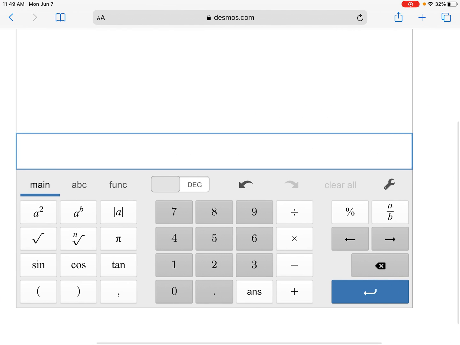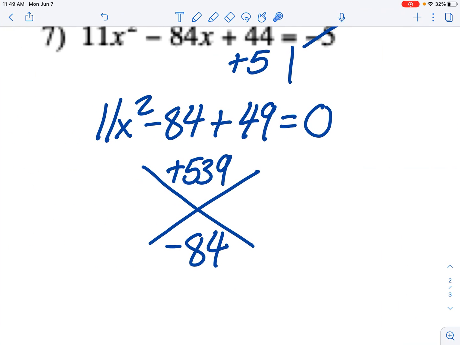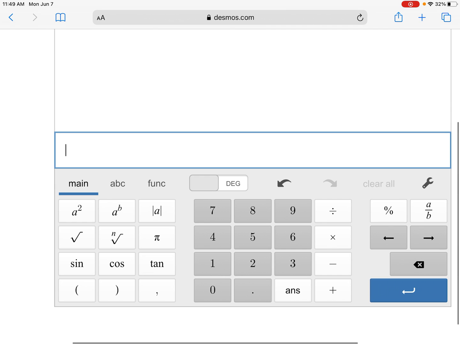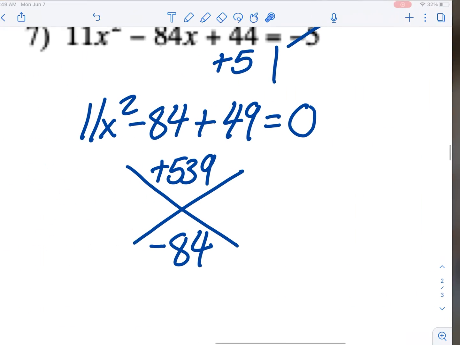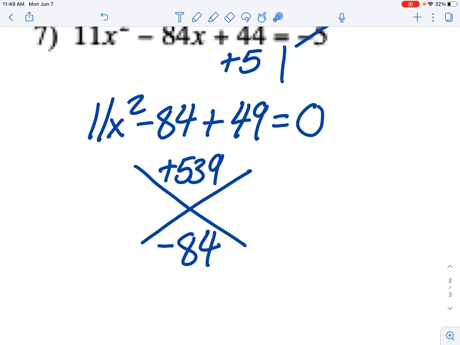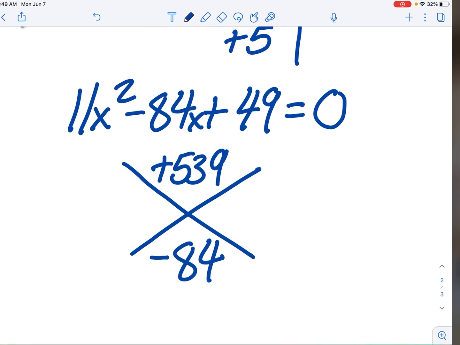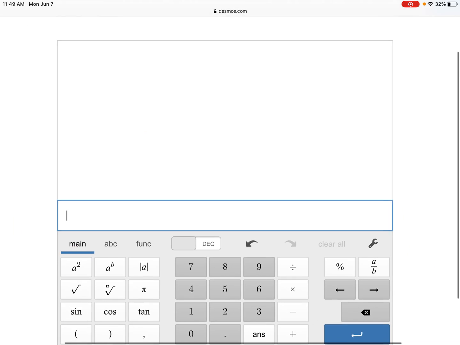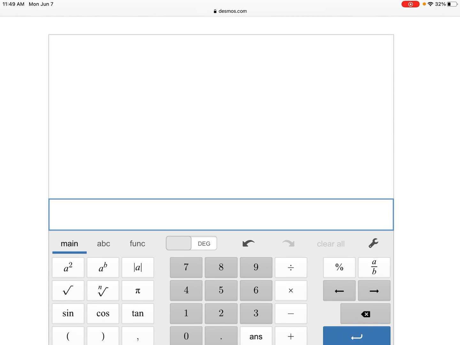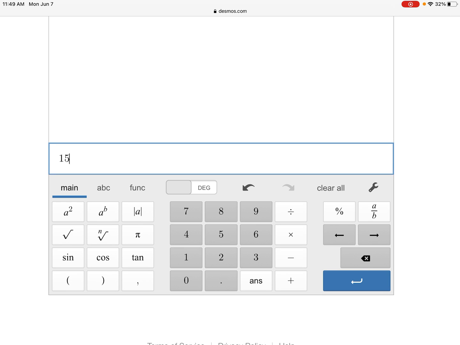So let's try 79 and 5. 79 times 5 is 395. Ooh, close. So let's see what we can do. Wait, this is an X. I forgot here. X right here. All right, so let's see. 84. So let's try 15 and 69. 15 times 69.